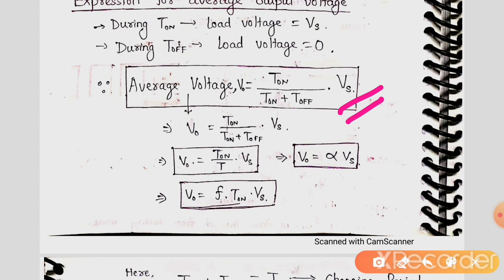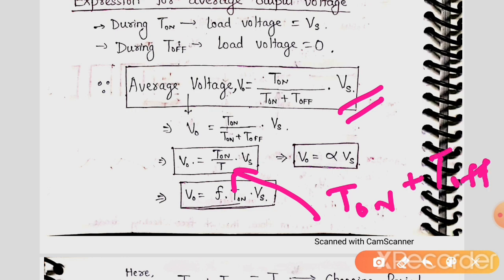And this T on upon T, where T is the time period of the switching circuit, which is equal to T on plus T off, is known as duty cycle.